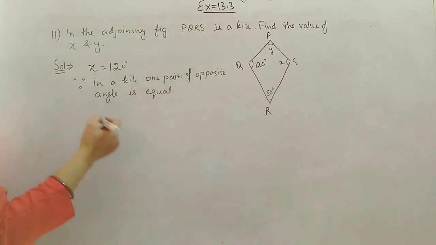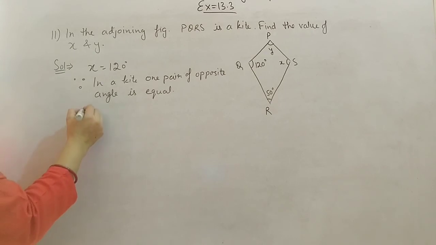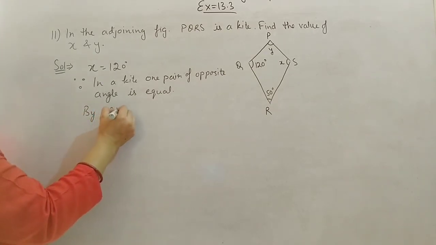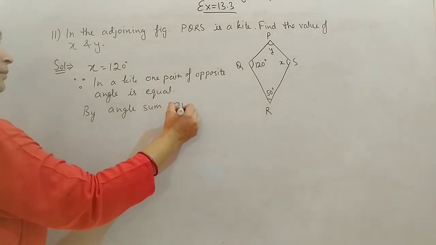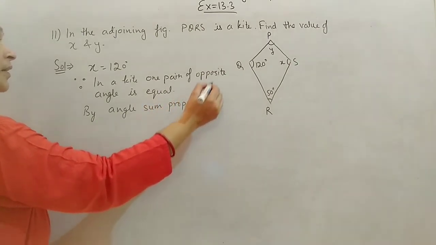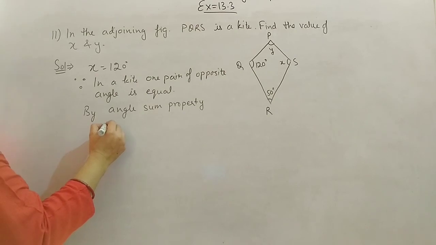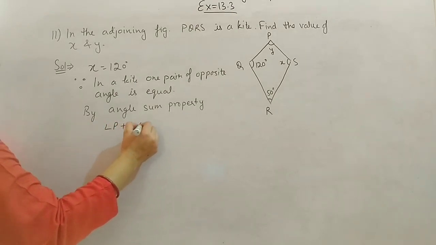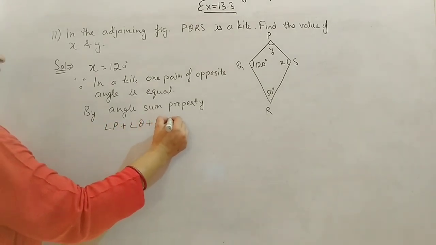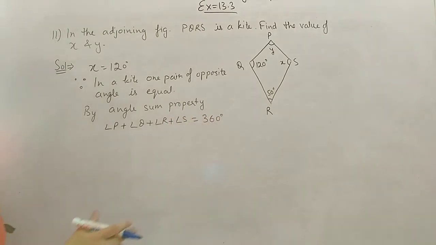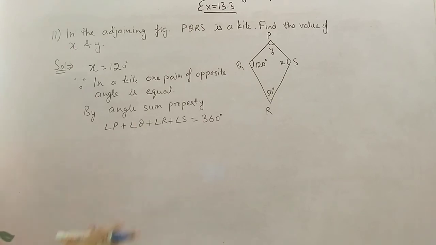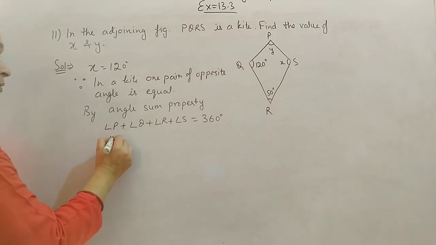After this, we can use quadrilateral angle sum property. So by angle sum property, sum of all four angles of a quadrilateral, means angle P plus angle Q plus angle R plus angle S, will be 360 degree. For a quadrilateral, the sum of all four angles will be 360 degree. P we don't know, say y.